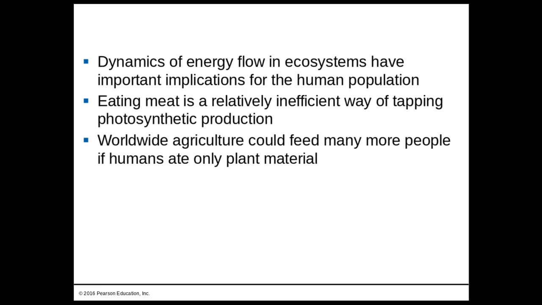We don't get as much energy from meat as we do from plants. So if we move to more plant-based diets, we could actually feed many more people because we're getting more energy, more bang for our buck, and there are more plants than there are higher level consumers. So the resources are not as limited.